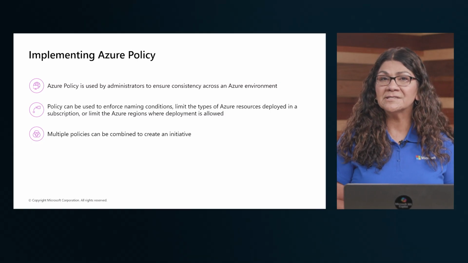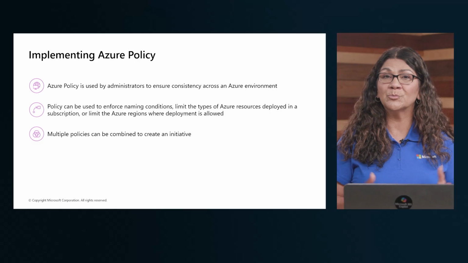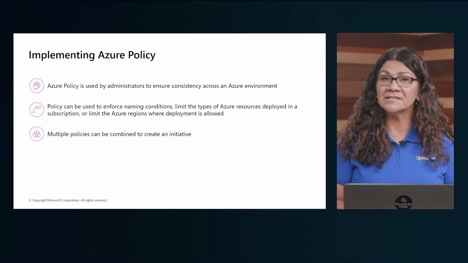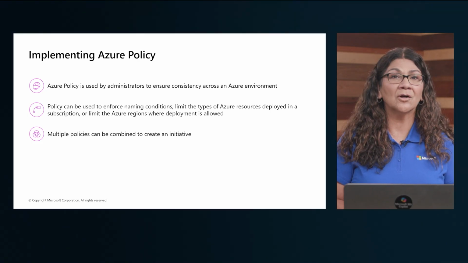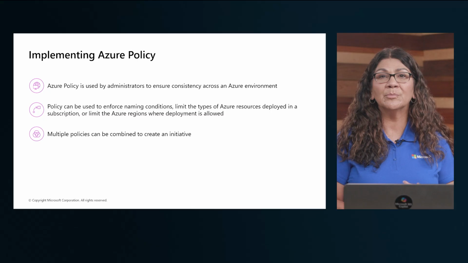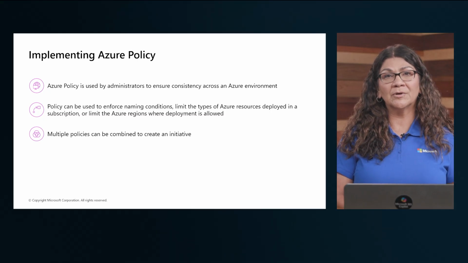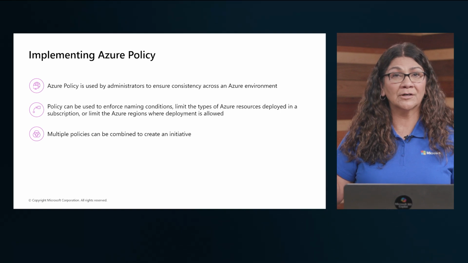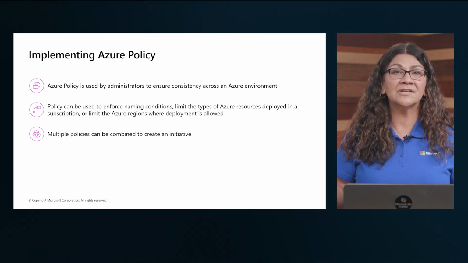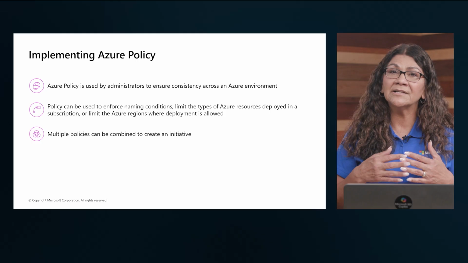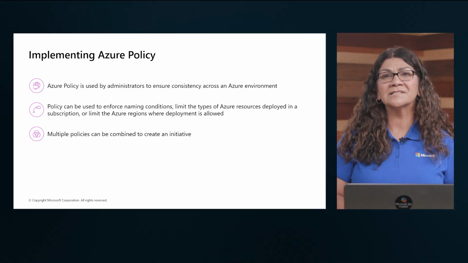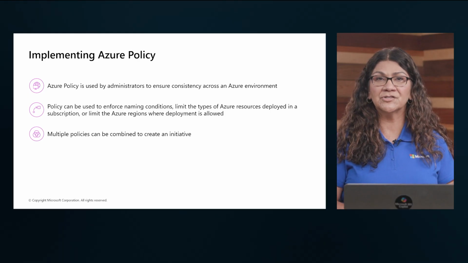A typical use case might involve preventing deployments of virtual machines in unapproved regions or enforcing encryption on all storage accounts. By blending GPOs for on-premise consistency and Azure policy for cloud governance, organizations can achieve unified control across hybrid environments, reducing risks and improving operational efficiency.